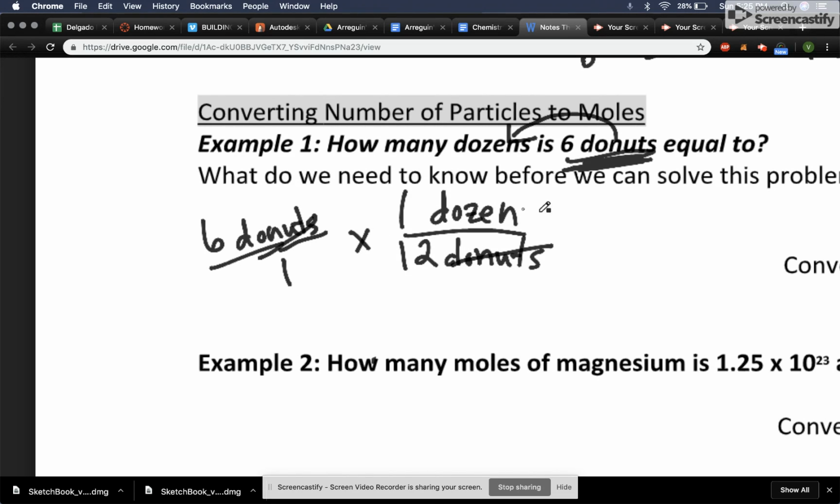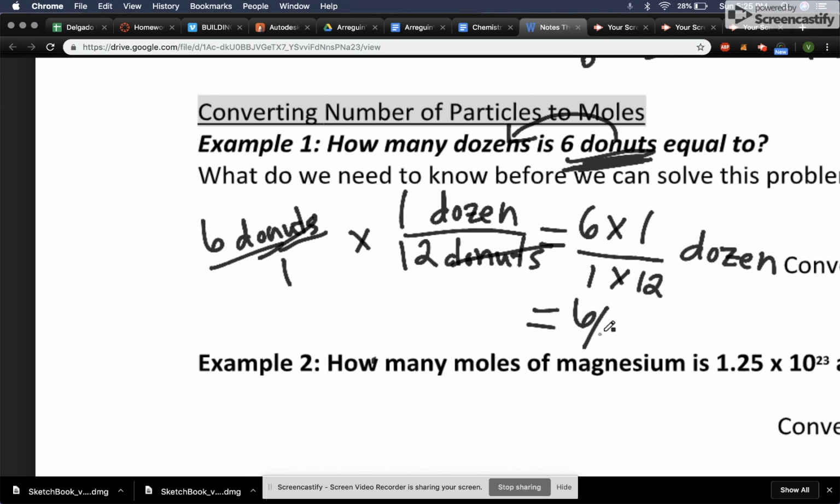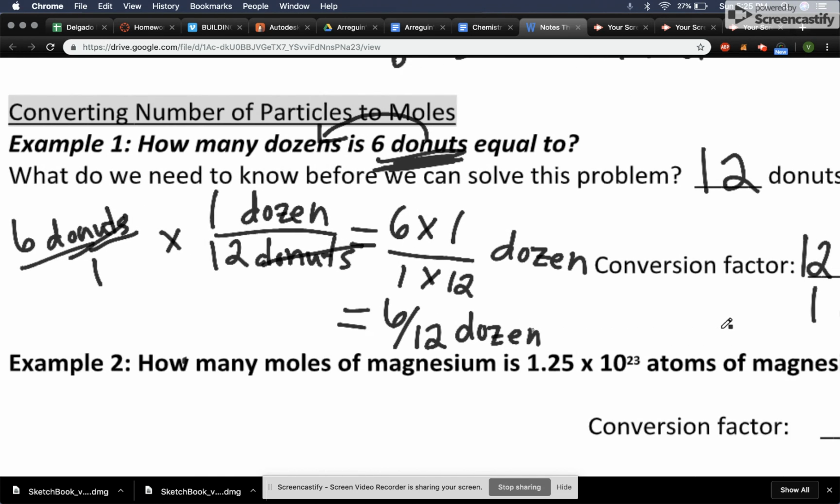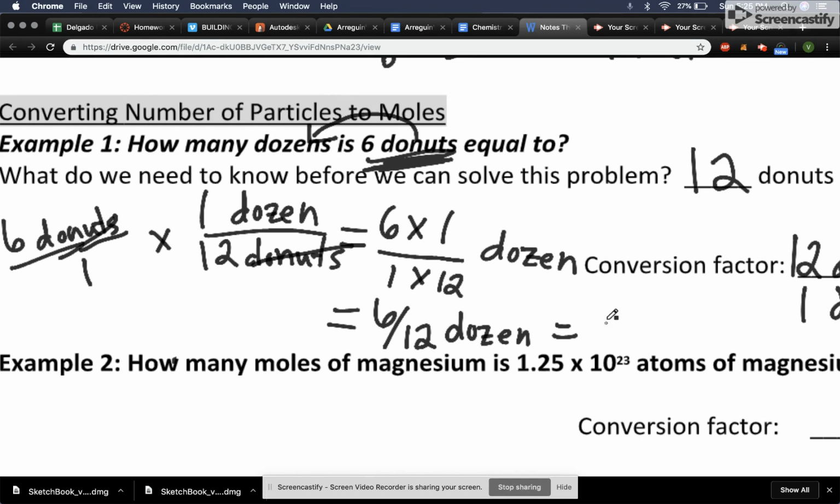So we could do 6 times 1 over 1 times 12. And then we're left with dozen. So this turns into 6 divided by 12 dozen, or it goes to 0.5 dozen.